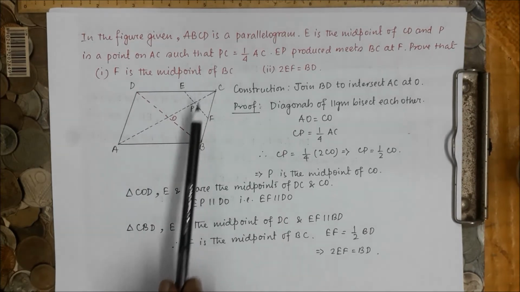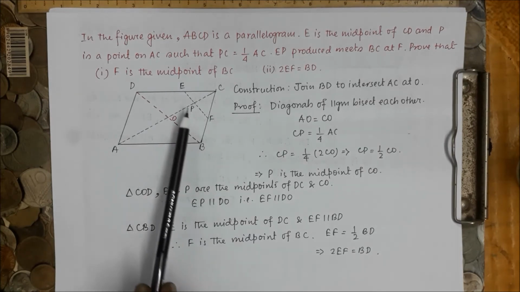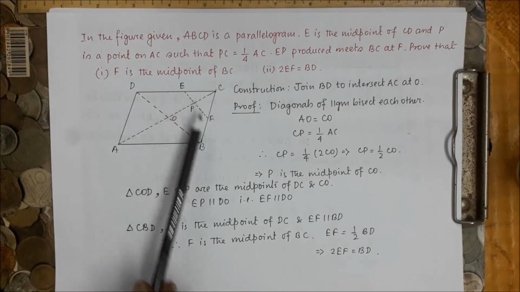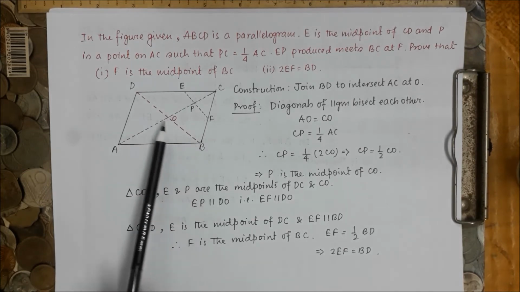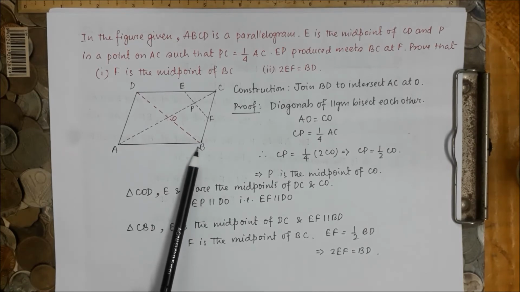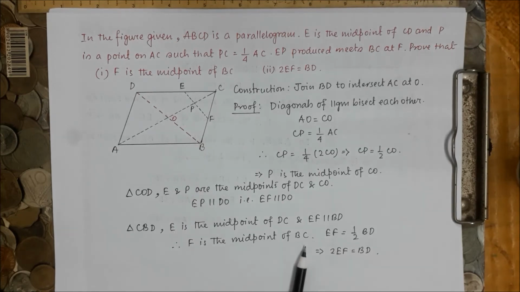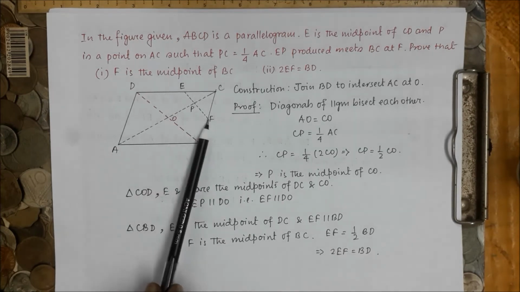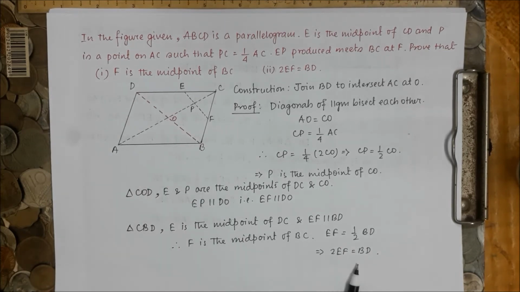In triangle CBD, E is the midpoint of DC and EF is parallel to BD, or you can say PF is parallel to BO. So it proves that by converse of midpoint theorem, F is the midpoint of BC and EF equals half of BD. If you cross multiply, you will get 2EF equals BD.